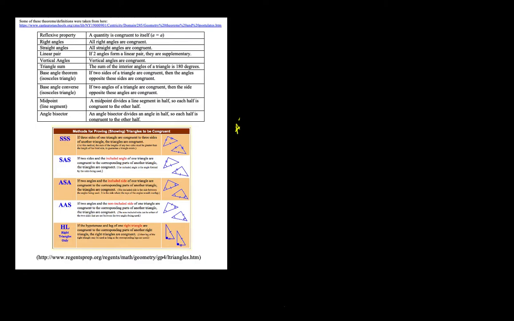Okay, now the next one is angle side angle. So if we have a triangle and we do angle side angle, meaning this one, this one. Once again, the side has to be in between. So it has to be angle, then the next side, then the next angle.